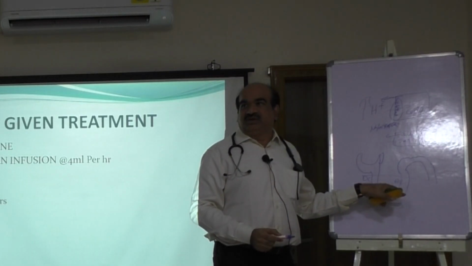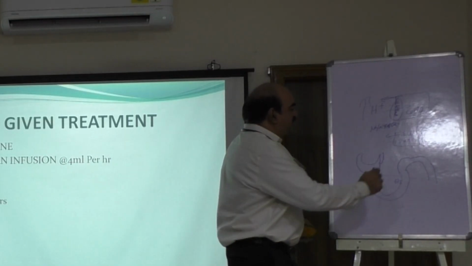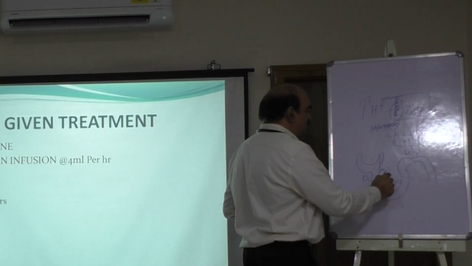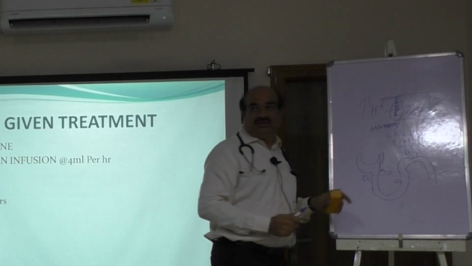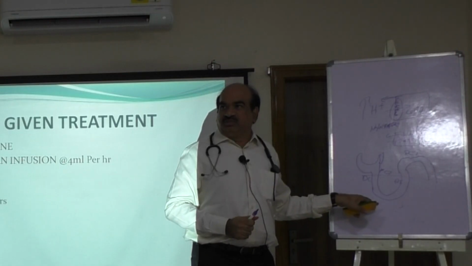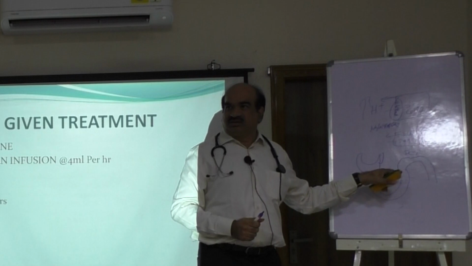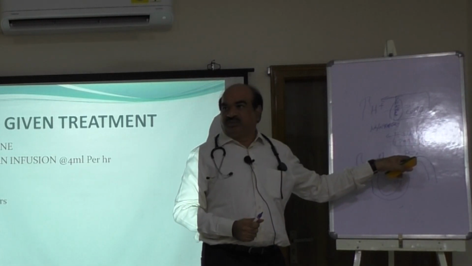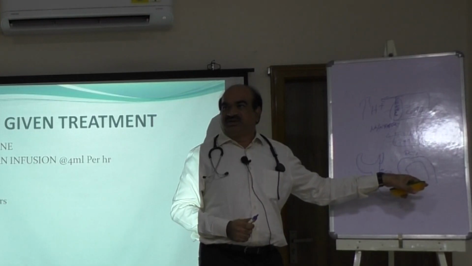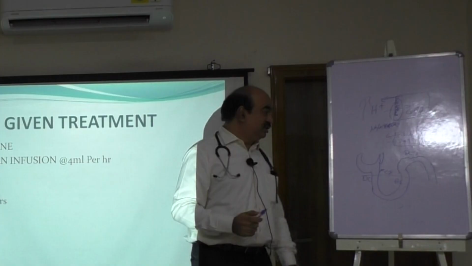In the ascending, the thin ascending portion, thick ascending portion. Here it is the distal convoluted tubule, DCT. The structures: proximal convoluted tubule, descending limb, ascending limb thin, thick, then distal convoluted tubule, followed by connecting ducts and collecting ducts. Distal parts are connecting and collecting ducts.